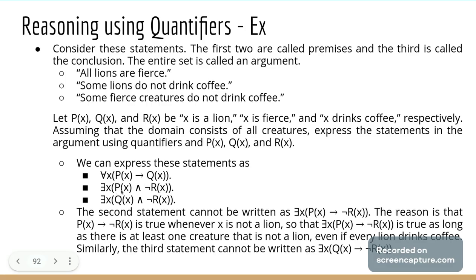And if it is a lion, it drinks coffee also does not hold. So the implication will not work for not R of x or for R of x. So what we are saying in this particular statement is there are some creatures which are lions and do not drink coffee. So that's the reason why in both the second and the third statement we are not using implies. Instead, we are using the logical and.